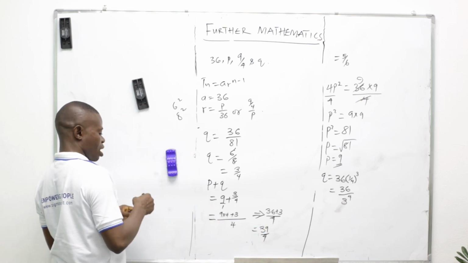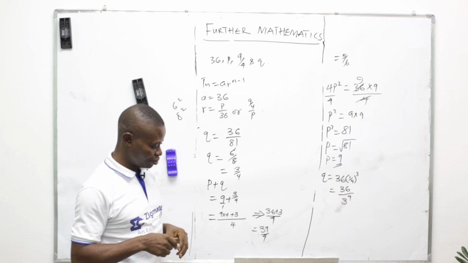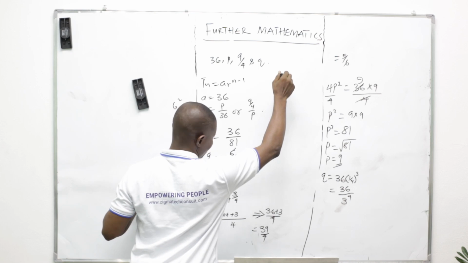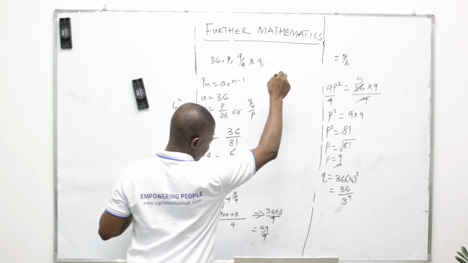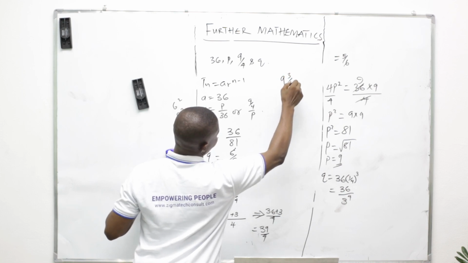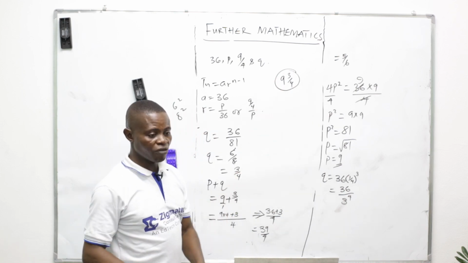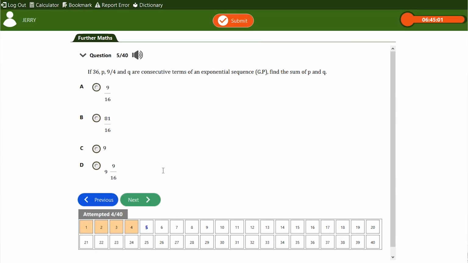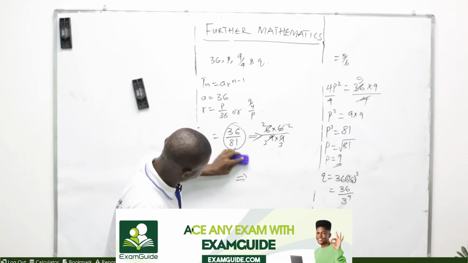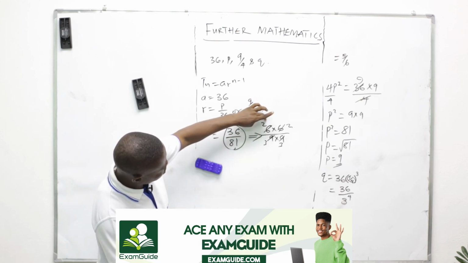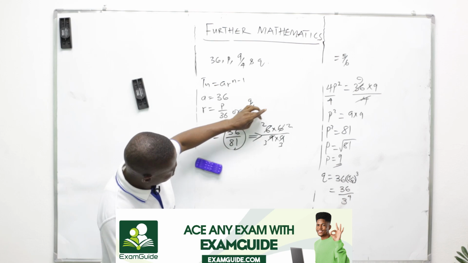How many 4s are in 39? 4 times 9 is 36, meaning 9 and 3 over 4 is the sum of P and Q.